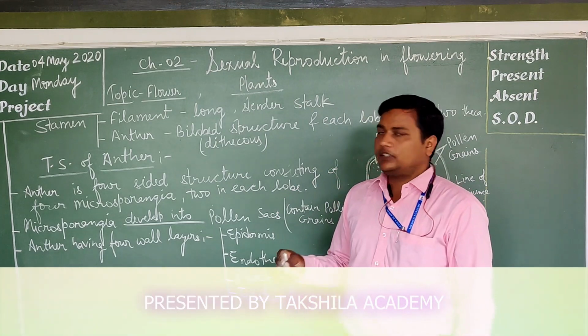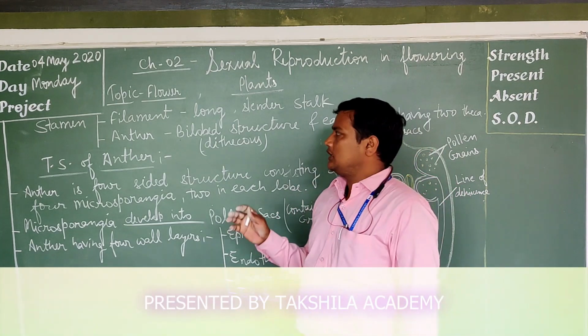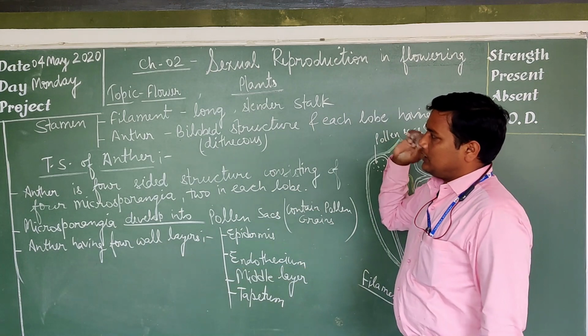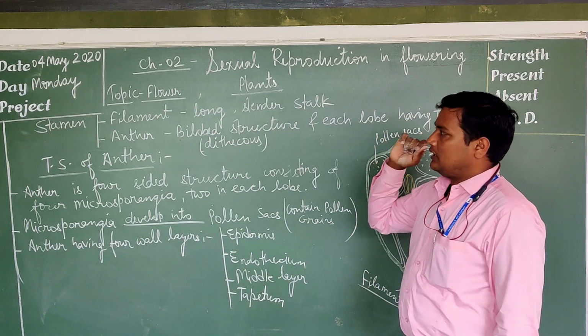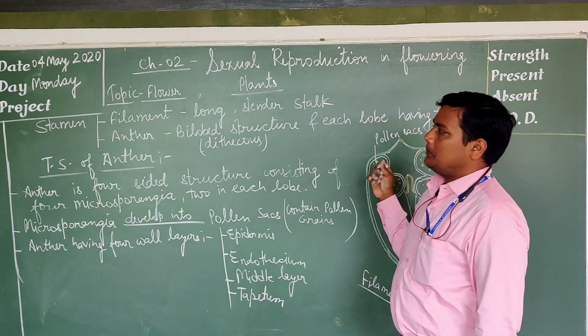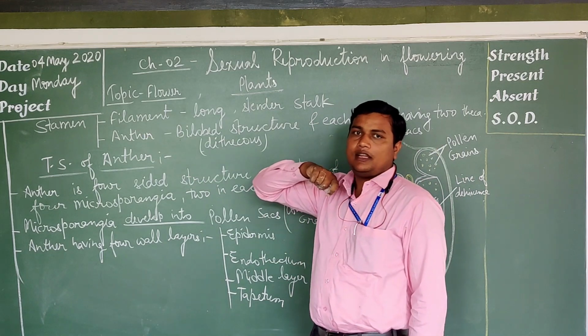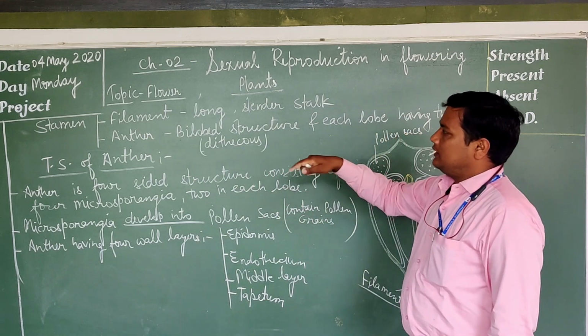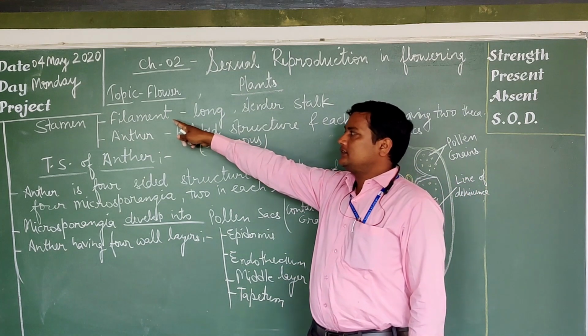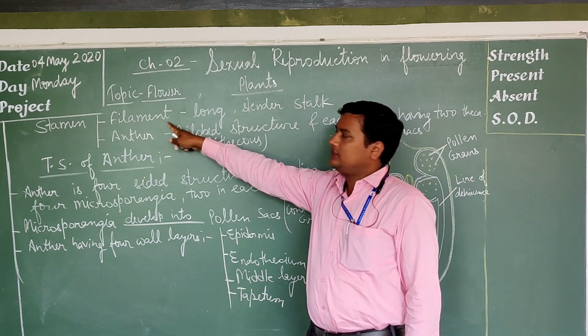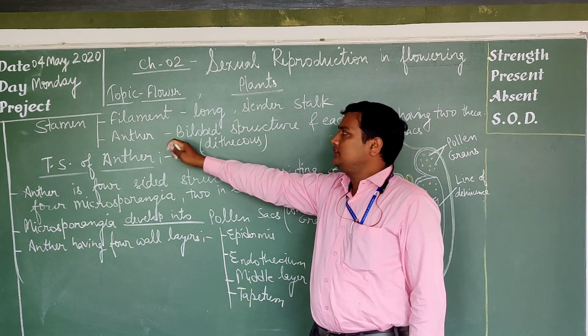So students, now I am going to discuss the next part, the male reproductive parts of the flower, and the male reproductive part is also known as stamen. Stamen has two parts, as already discussed. First is the filament and the second one is the anther.